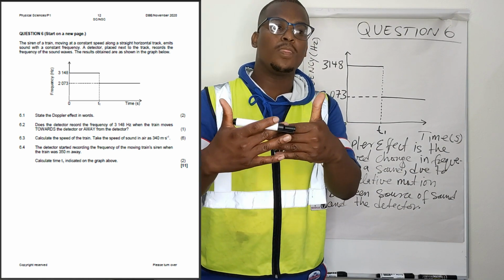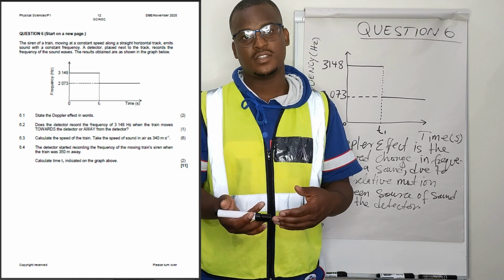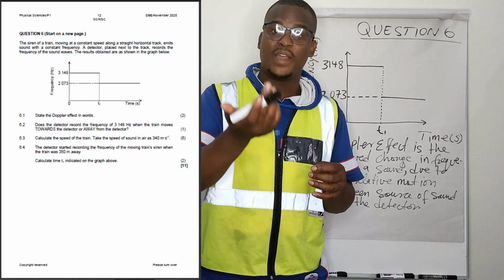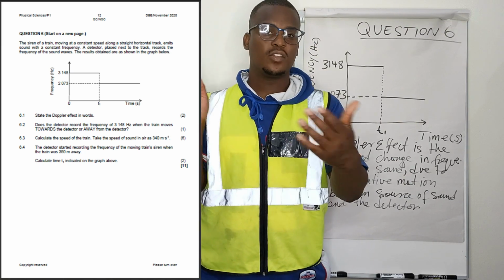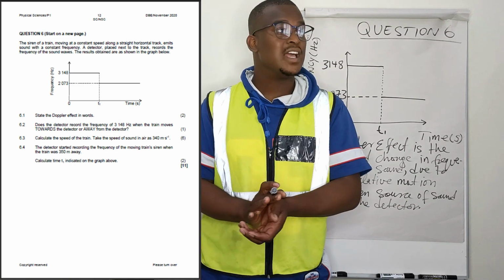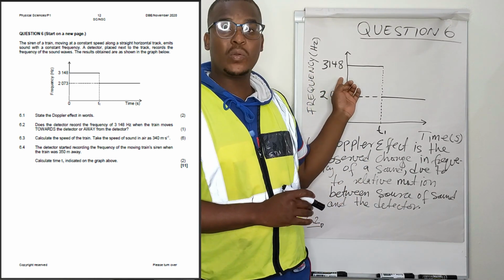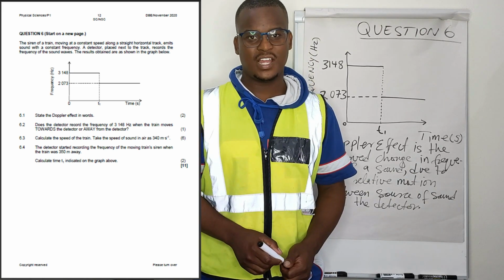So the wavelength is shorter between the emitted sound waves, and the frequency will be higher. But if the source of sound is moving away, then the wavelength will be longer and the frequency observed will be lower. As a result, the higher frequency is observed as the source of sound is approaching the detector.